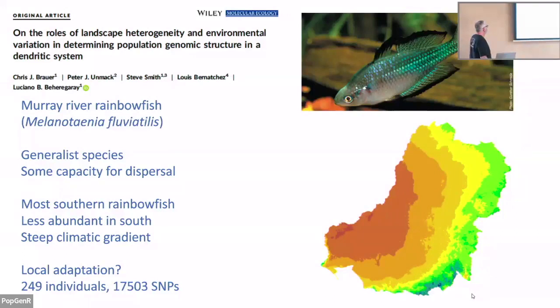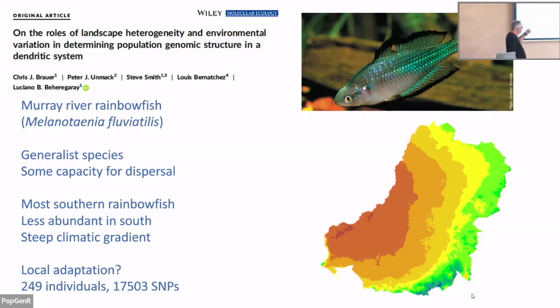They have a moderate capacity for dispersal. They don't tend to move a lot. This particular species is the most southern, most temperate species in the group of Australian rainbow fishes, and they tend to get less abundant in the south as it gets cooler.